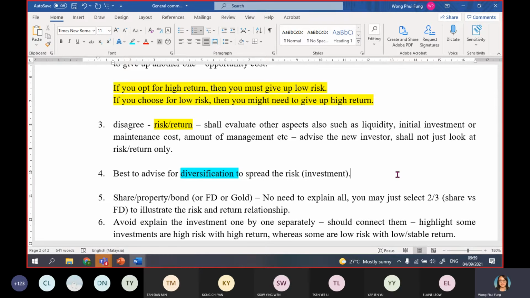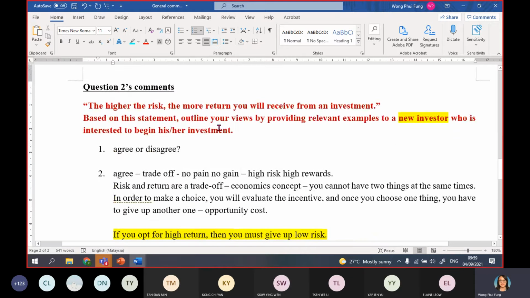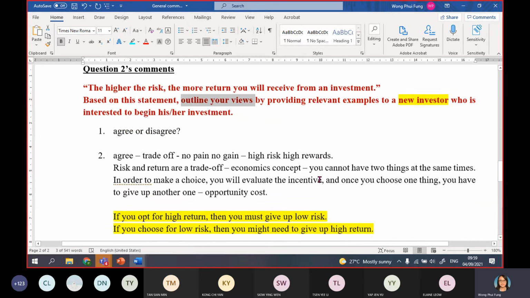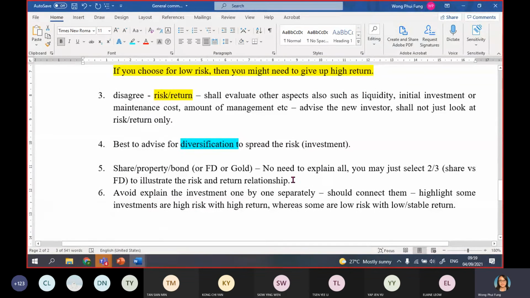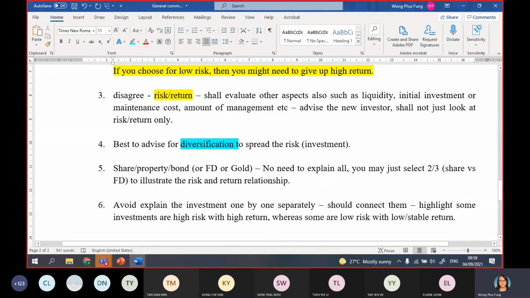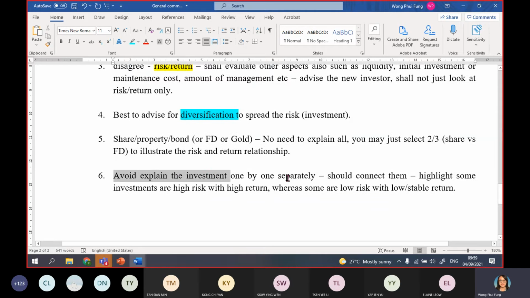That will be my model answer if you write like this, because the question says outline your view. But some of you actually fall into number 6. You all explain the investments one by one separately.